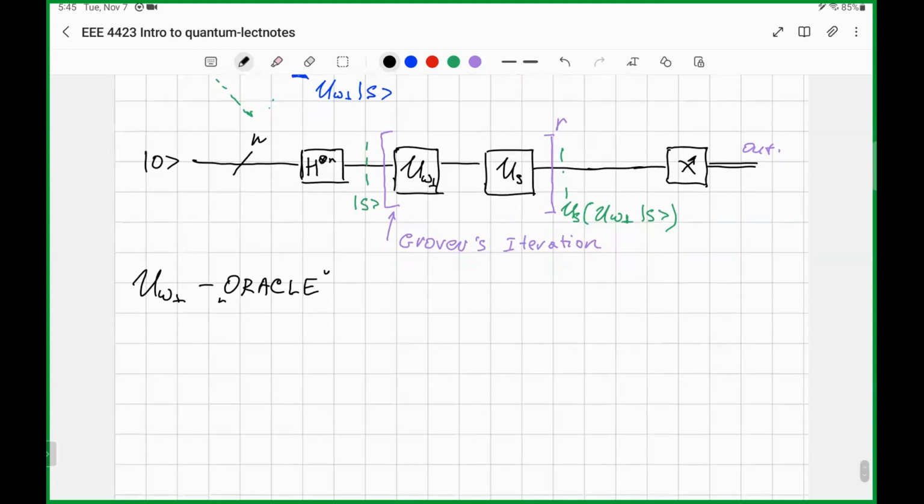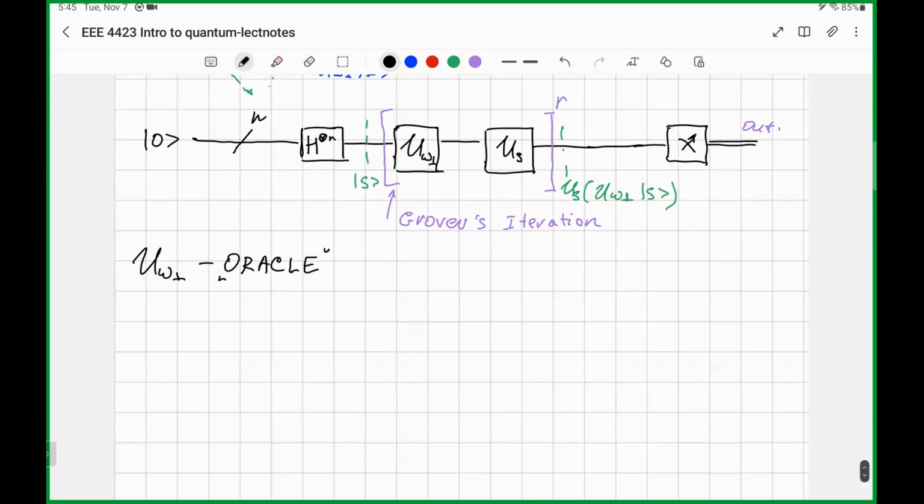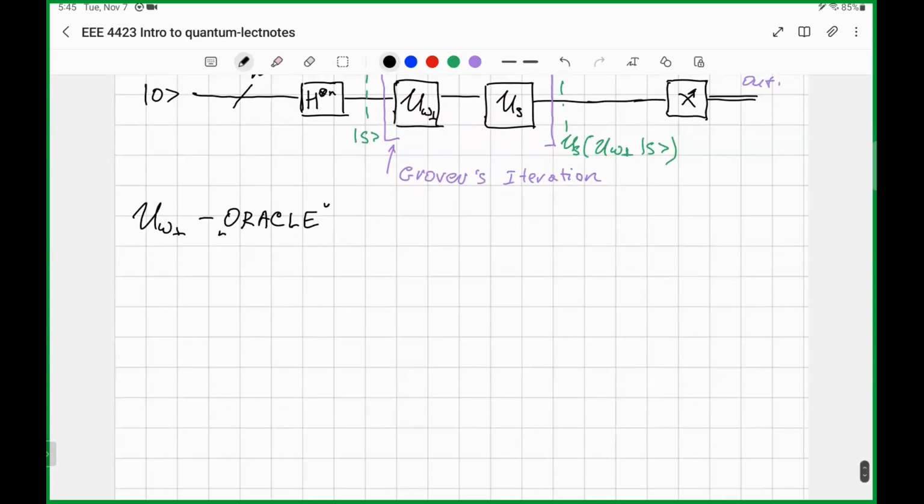We will discuss this in a while today. But in general, the oracle is just a function that you design to do some operations. And the other one, US, is known as the amplifier.